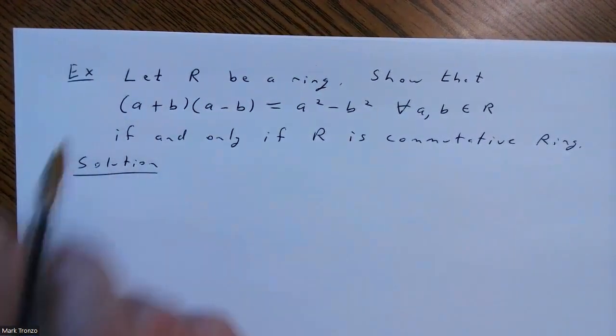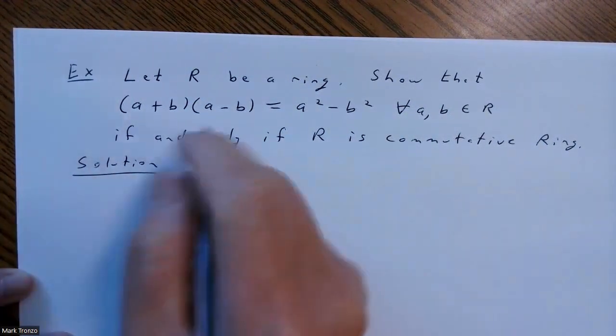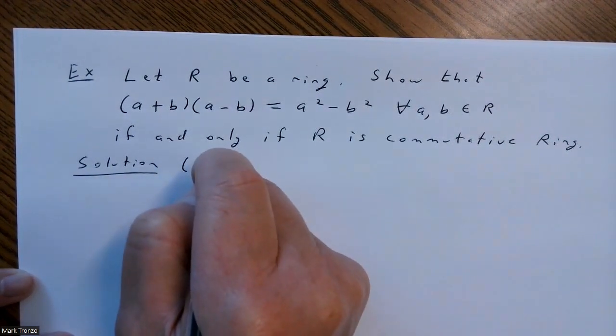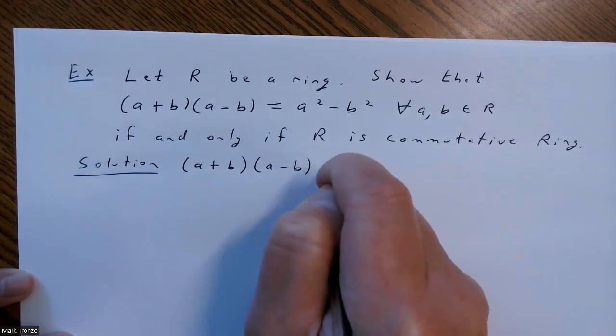Now, if we use the distributive laws, if it's a ring, we can say (A plus B)(A minus B).